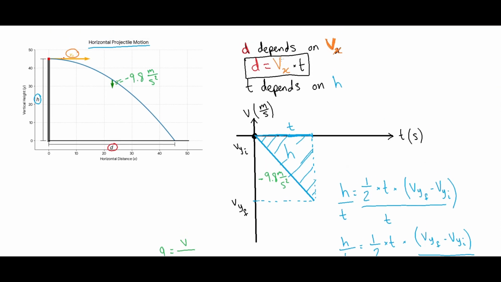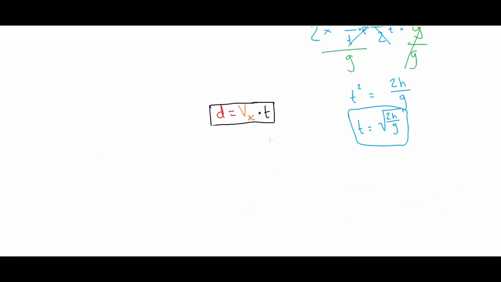So now that we have this formula, and we have the formula up here that says the distance is equal to the horizontal velocity times time, we can solve and get the big formula. So now that we have these two formulas side by side, we can put this t, which is equal to this, into this t right over here to get our formula as d is equal to the horizontal velocity times the square root of 2h over g.